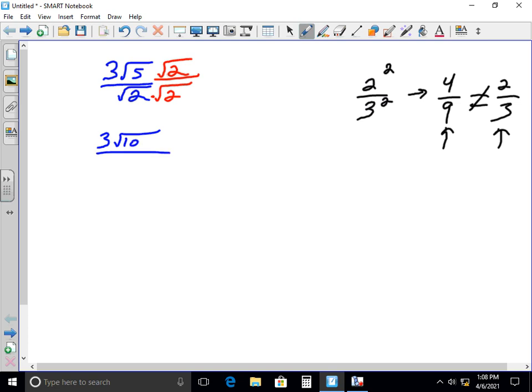On bottom, if I have a square root of 2 times another square root of 2, 2 times 2 is 4. And what's the square root of 4? 2. So by multiplying by another square root of 2 on bottom, it makes it so that this denominator is a perfect square. So that's the reason we multiplied by a square root of 2 here.